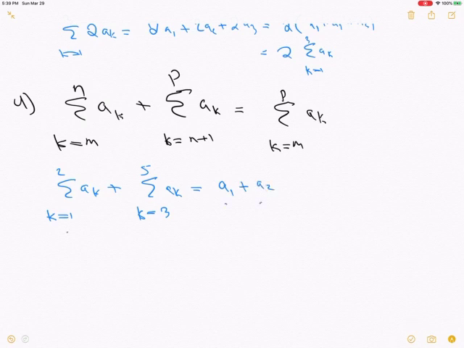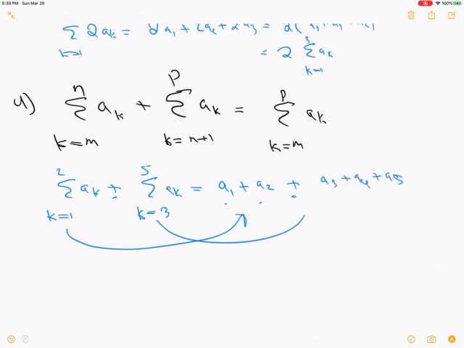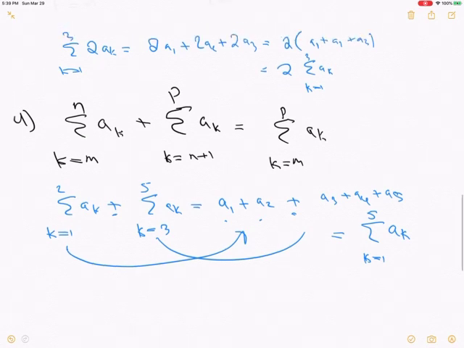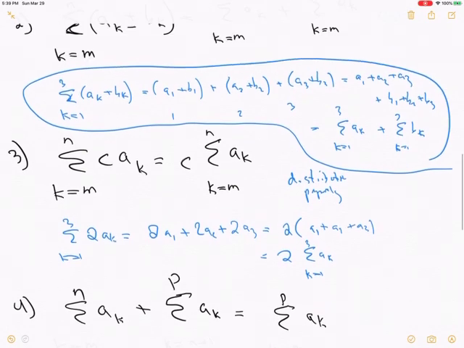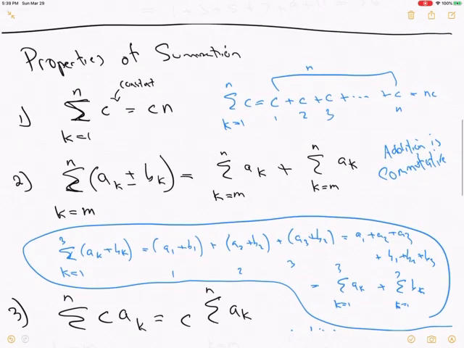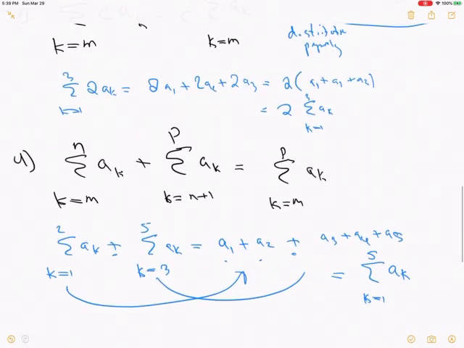Then you have plus, and then this summation says we're going to do a3 plus a4 plus a5. So altogether, that's in shorthand notation, summing from 1 to 5 over the a's. So these are the properties of summations.